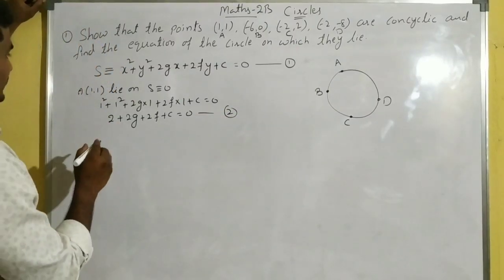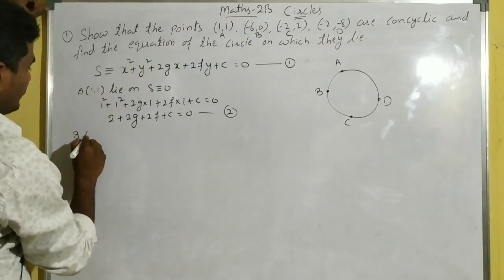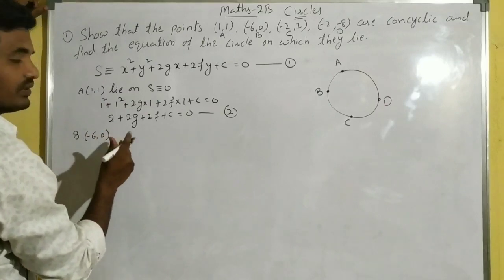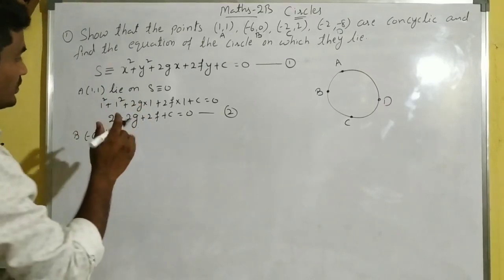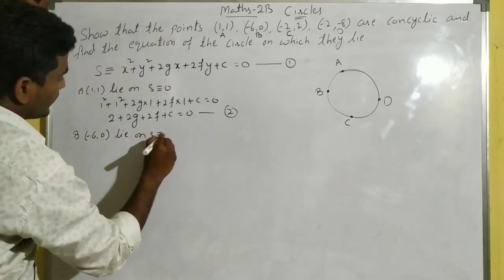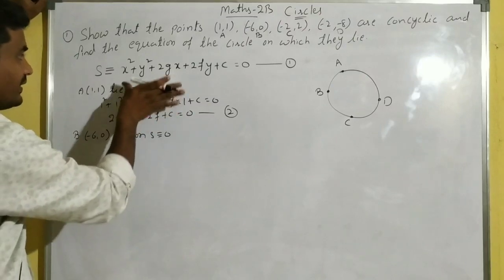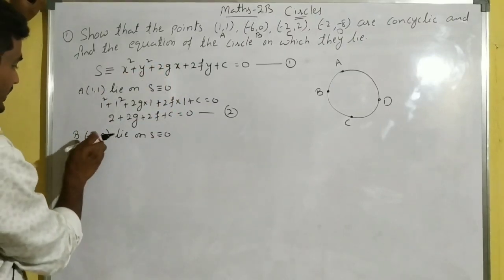Next I am taking B (-6, 0), which also lies on S = 0. Then we have to substitute this point again in this equation.